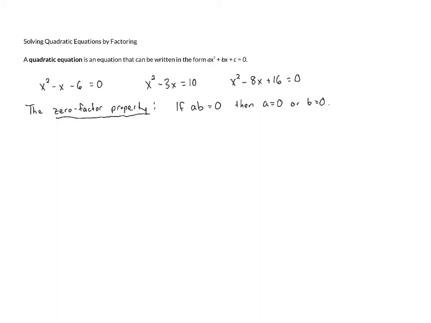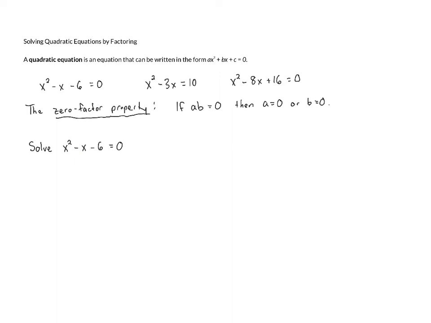Let's take a look at the first example. Let's solve x squared minus x minus 6 equals 0. Now, we can't solve this using the methods that we had learned previously. We can't just try to get x alone because there's two terms with x's, and one of them is an x squared and the other isn't.